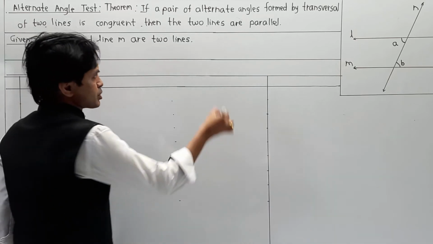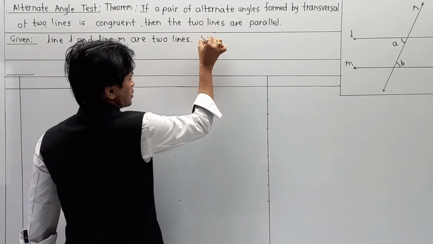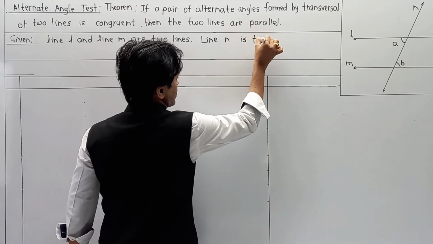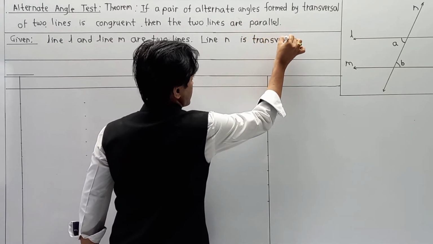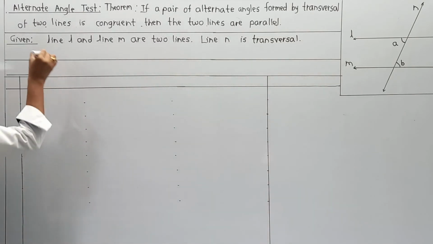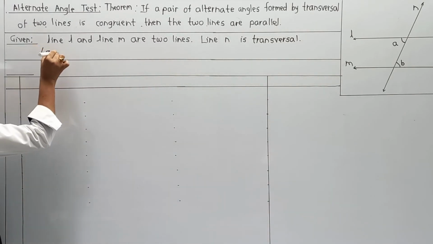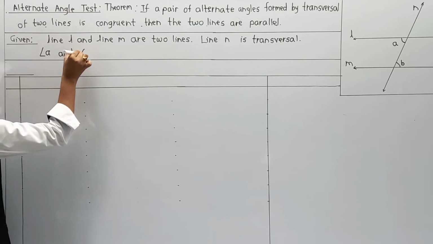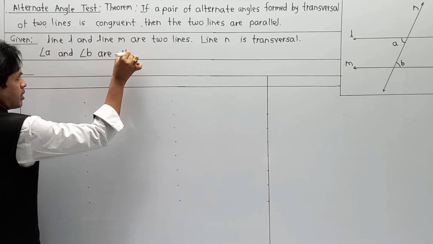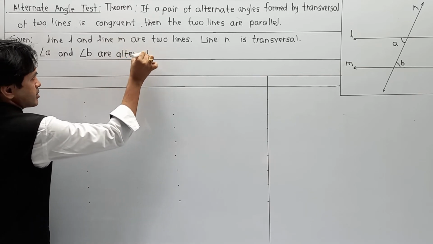Line N is a transversal. Angle A and angle B are alternate angles.